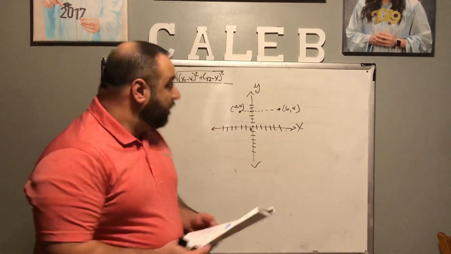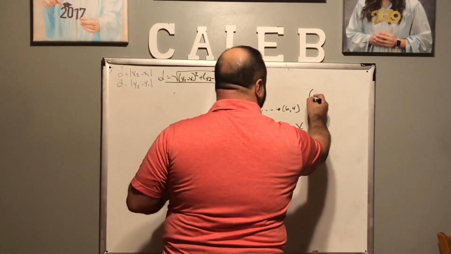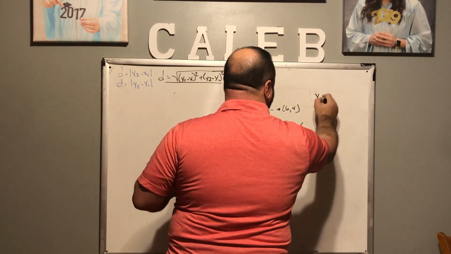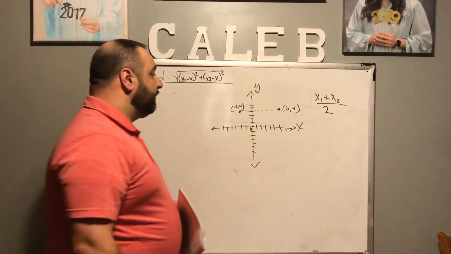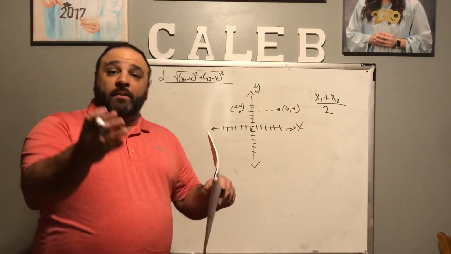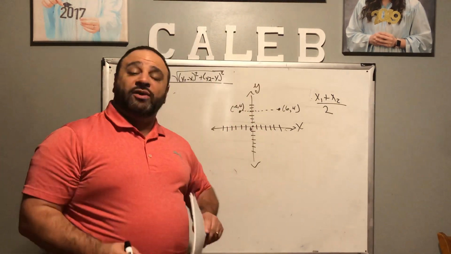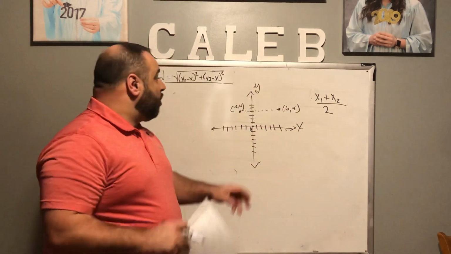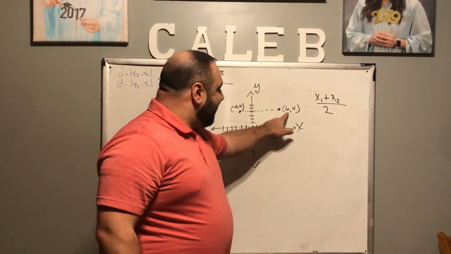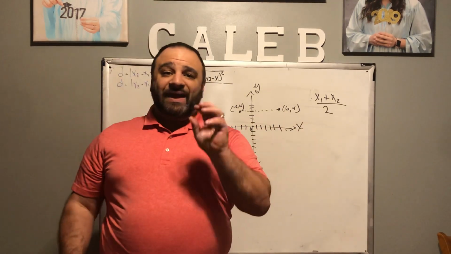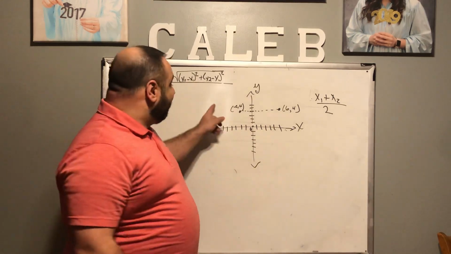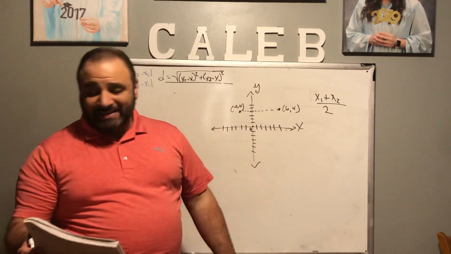So we would go x1 plus x2 divided by 2. Midpoint, half. So x1 plus x2 divided by 2. That gives me the midpoint of a line that's parallel to the x-axis.